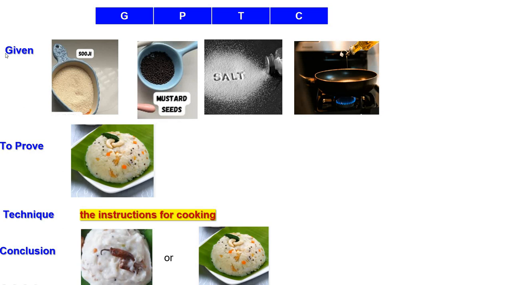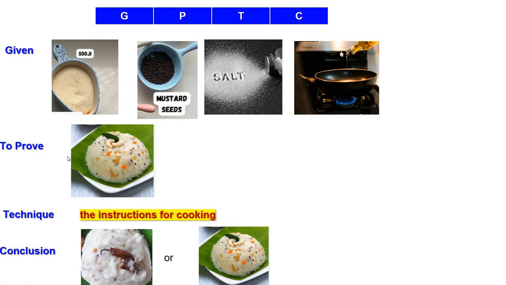Say you are given suji, rava, mustard seeds, salt, and a frying pan, of course stove, and oil; I have mentioned only the very basic items. These are the ingredients. This is what is meant by what is given to us. Without them, we cannot make upma.